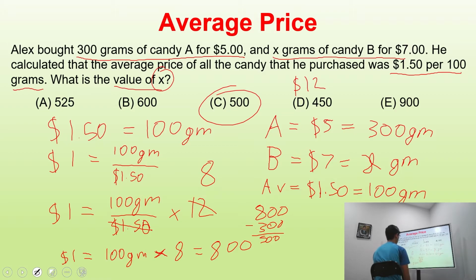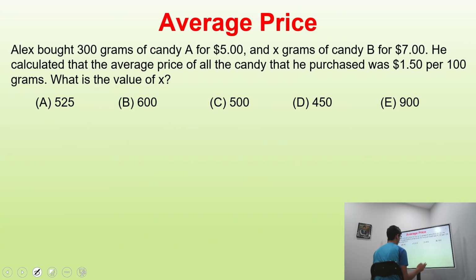So we got C for our answer here, and now I'm going to be showing the second method of how I solved this, and this method requires no mathematics at all, and it's really quick. So basically we're going to keep whatever we did before. We already know that Alex bought 300 grams of candy, so for candy A, we're going to write 300 grams, and then is equal to, he spent $5.